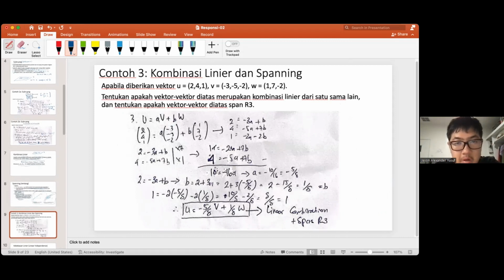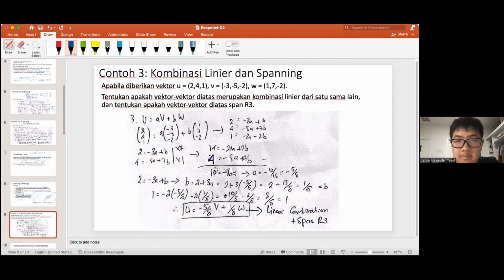First of all, determine if they are a linear combination. So first of all, as usual, we express one of them as a linear combination of the other with the unknown constants a and b. We have to find the values of a and b, which we already have here based on the first and second equation. And then we have to see whether it's consistent or not by applying it into the third equation, this one.